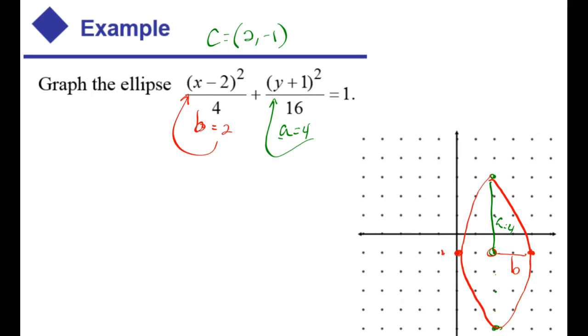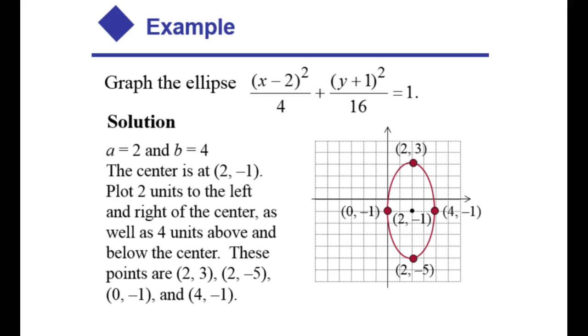And I'm done. I've graphed the ellipse. I've got it centered about the point 2, -1, and here's how the author drew the picture. But again, the important thing is that this distance is 2 and this distance is 4 because A equaled 4, and that's going along the Y distance.